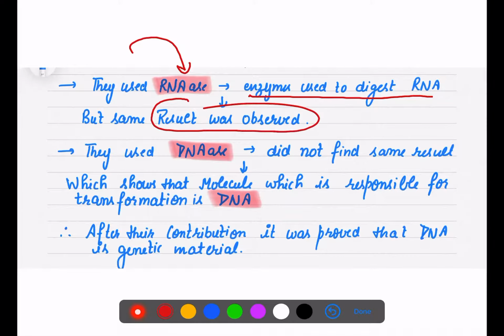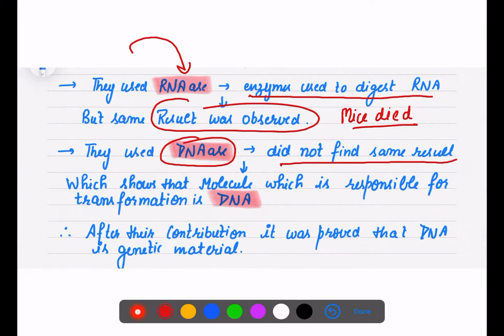But then again the same result was observed, the mice died. They used DNase. Then they did not find the same result, which showed that the molecule responsible for transformation is DNA.